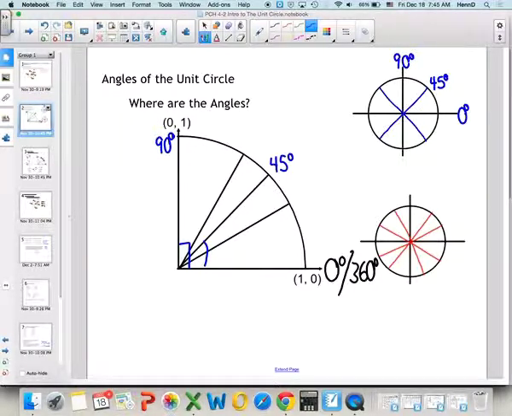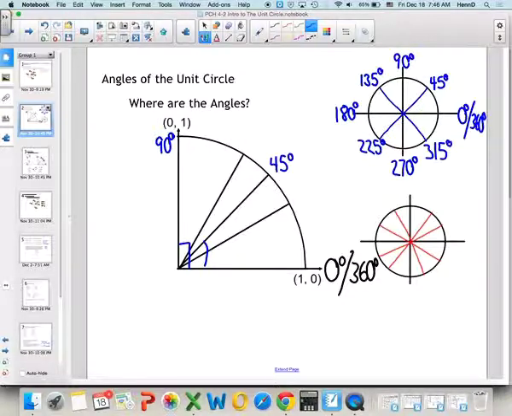And then if we keep adding 45 degrees, we have 135 degrees, 180 degrees, 225 degrees, 270 degrees, 315 degrees, and finally 360 degrees. So that's the first way that our unit circle is divided up.